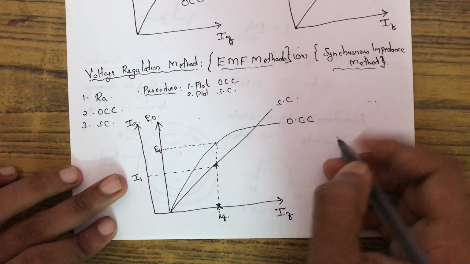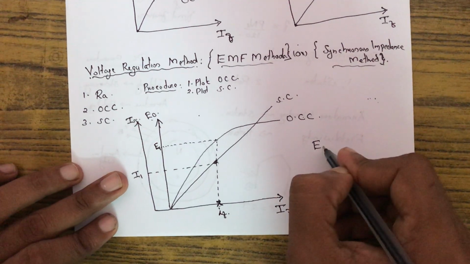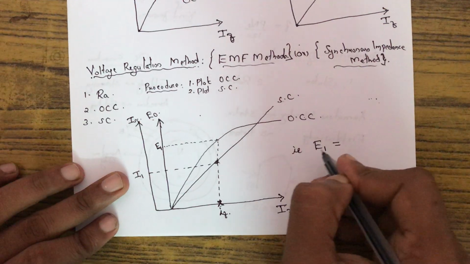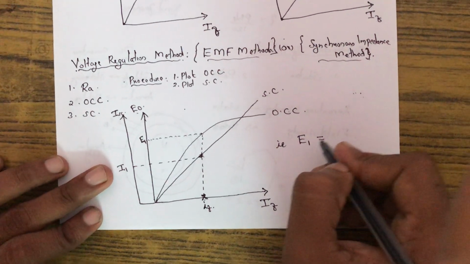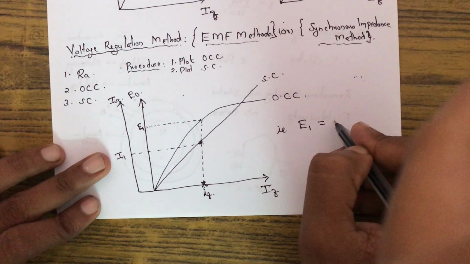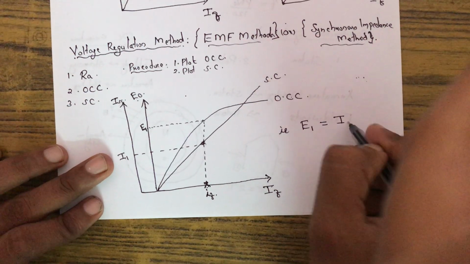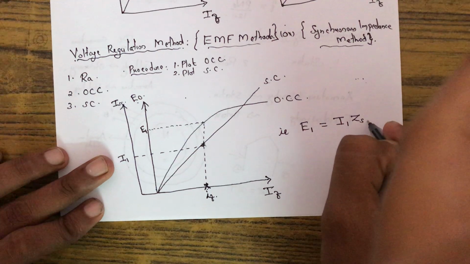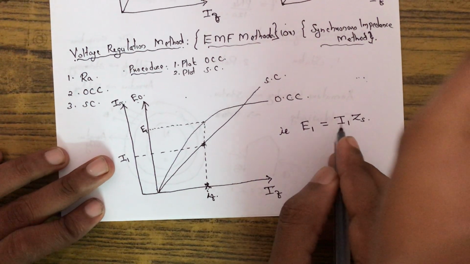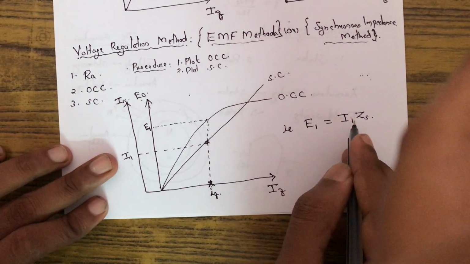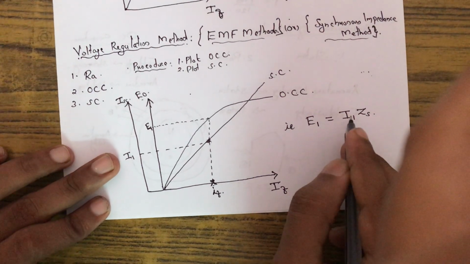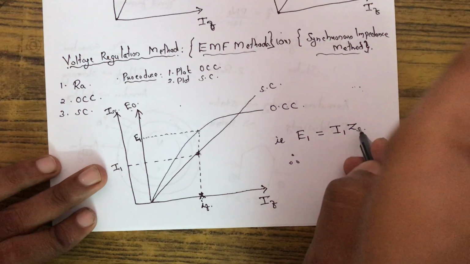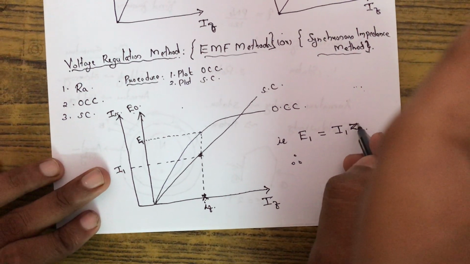Therefore we can write that this voltage E1 will be required to supply the current I1 and the impedance will be ZS. So this voltage will be required to meet the drop I1 ZS, where ZS is the synchronous impedance.